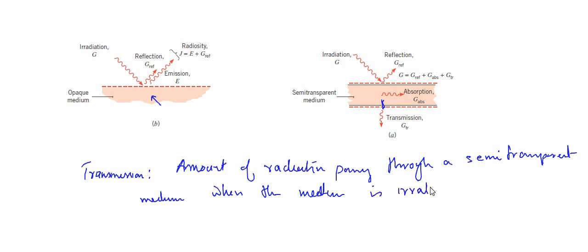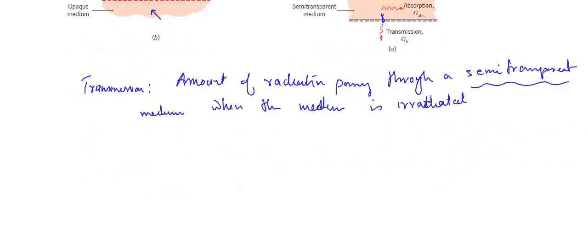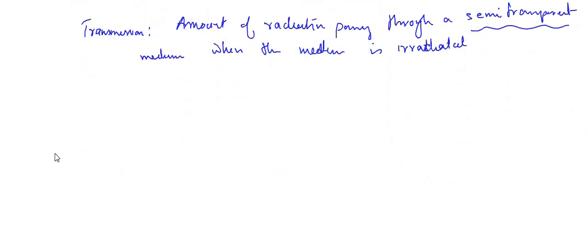The reason why we specify a semi-transparent medium in this case is that in the case of an opaque medium, transmission does not happen. Transmission actually happens only in the case of a semi-transparent medium. Next is absorption.